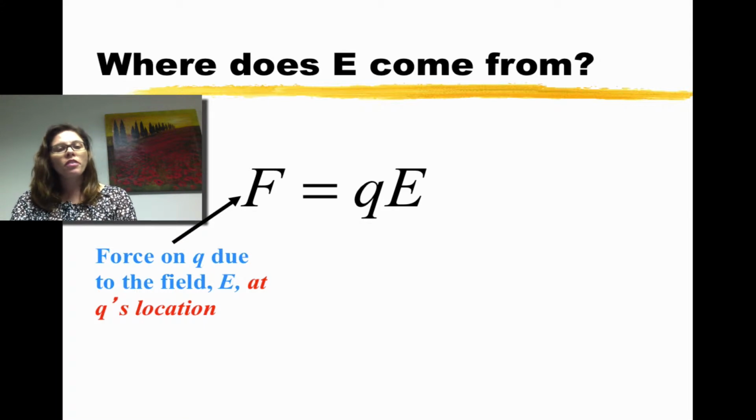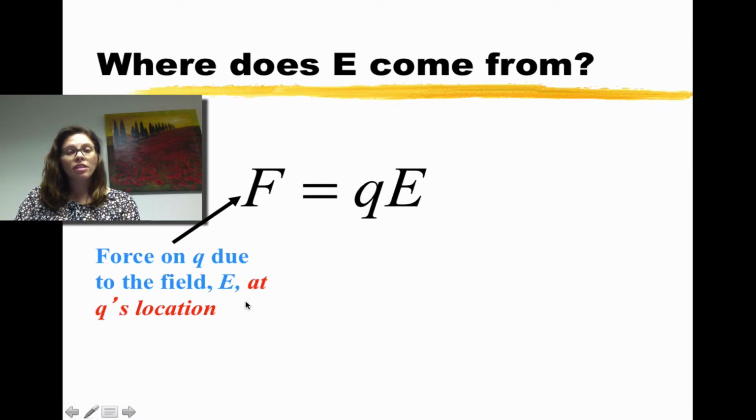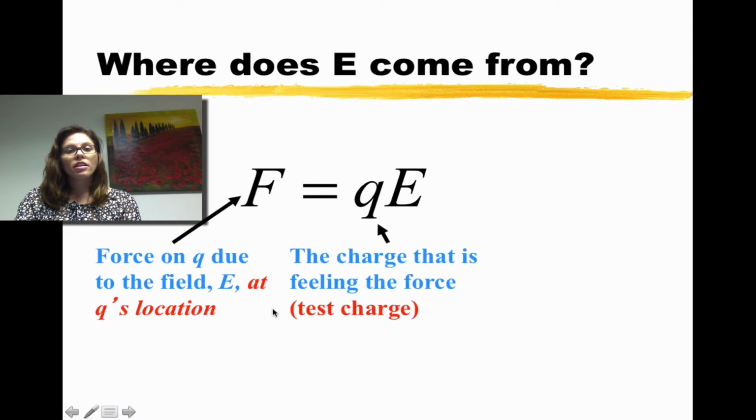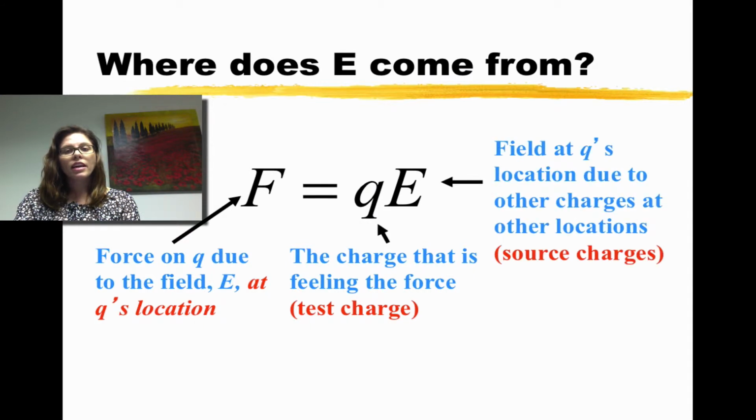F is the force on the charge Q, this charge right here, due to the electric field at Q's location. Q is the charge that is feeling the force, the test charge. And E is the field at Q's location due to other charges, some other charges around, not at that location. Those are called source charges.